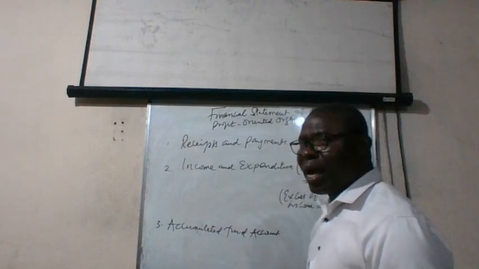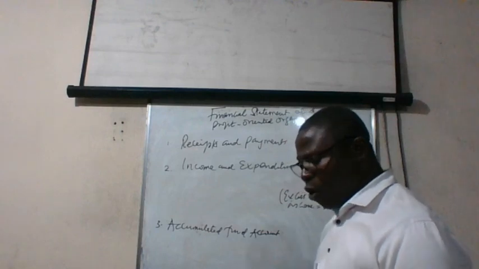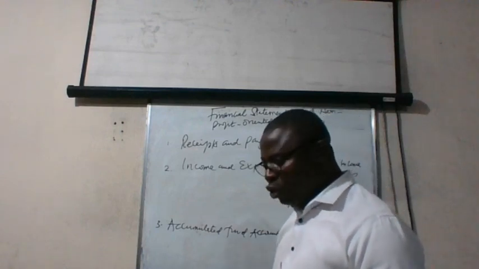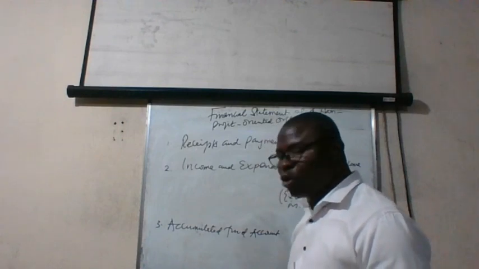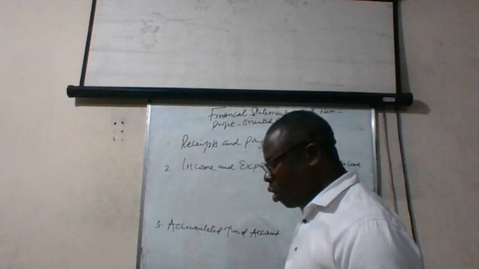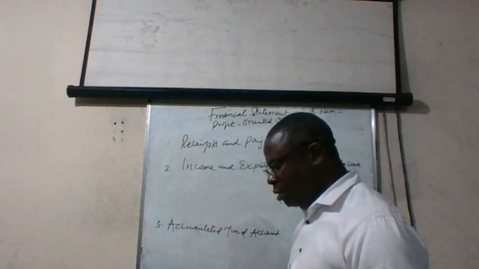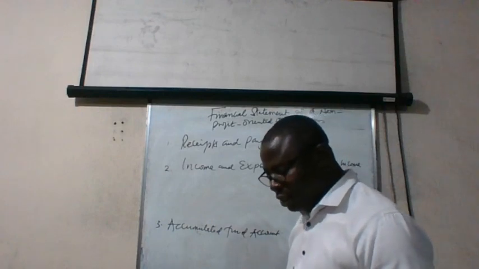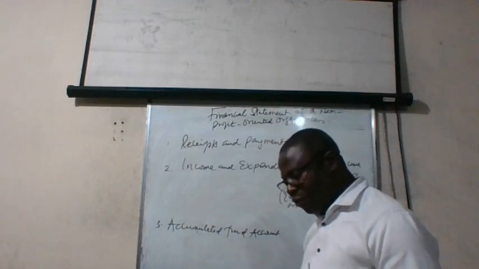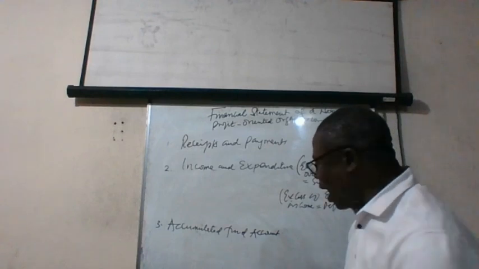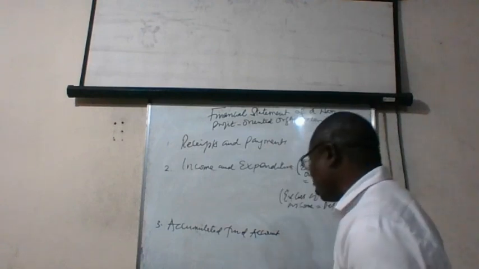It should be noted that accumulated fund always starts with the initial resources contributed by the members of a non-profit making organization, and increases or decreases with surplus or deficit respectively for every accounting period.